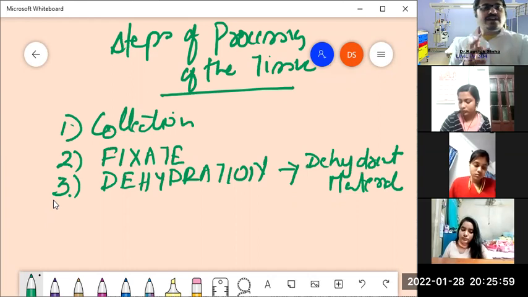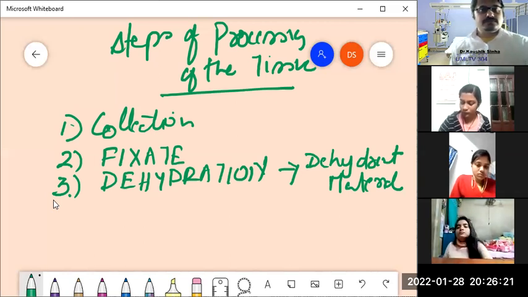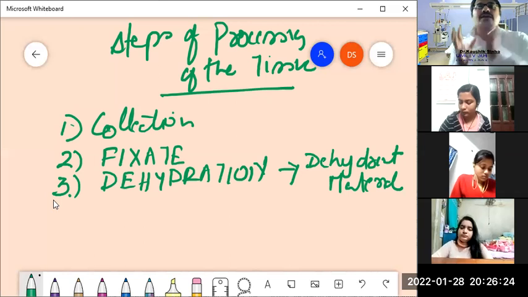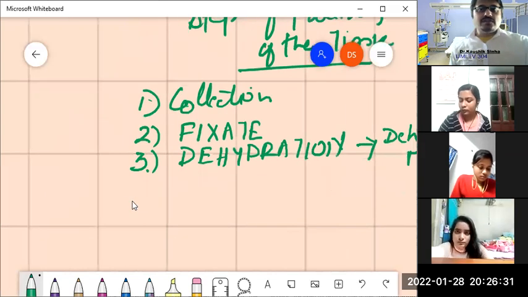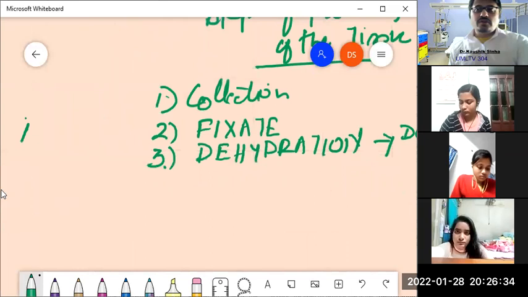Now, this dehydrant material is a substance that is not intrinsic to the tissue, that is not a biological composition, but a foreign substance that will enter into those parts of the cell from which water is to get removed. So as the dehydrant material enters into those parts of the cell from which water has to get removed, parts of the cells are now replaced.